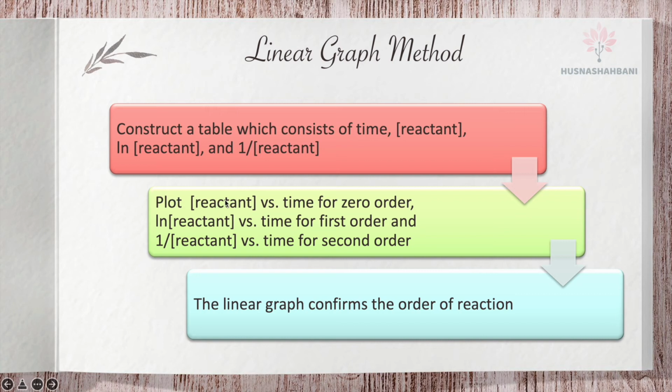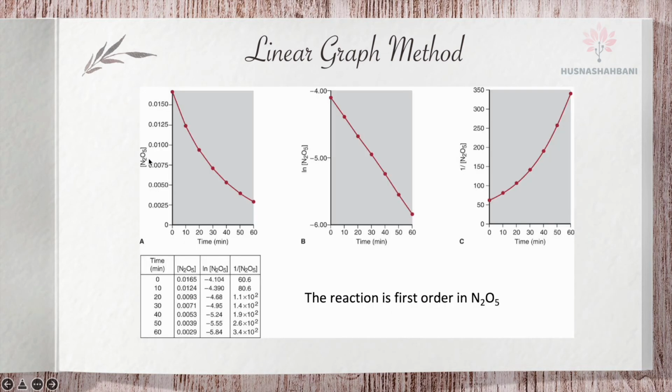Plot reactant concentration versus time for zero order, ln concentration of reactant versus time for first order, and 1 over concentration of reactant versus time for second order. The linear graph confirms the order of reaction. Means after you plot these three graphs, the graph which is linear, that is the order of reaction. That is linear graph method.